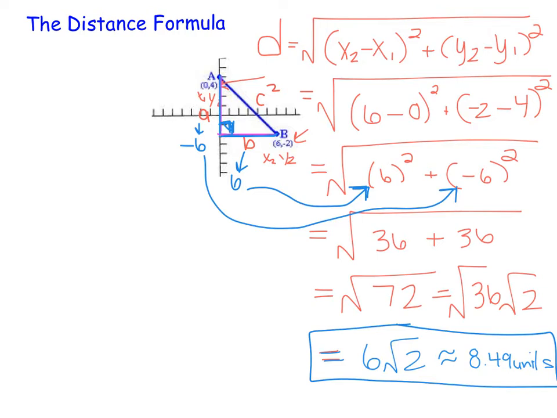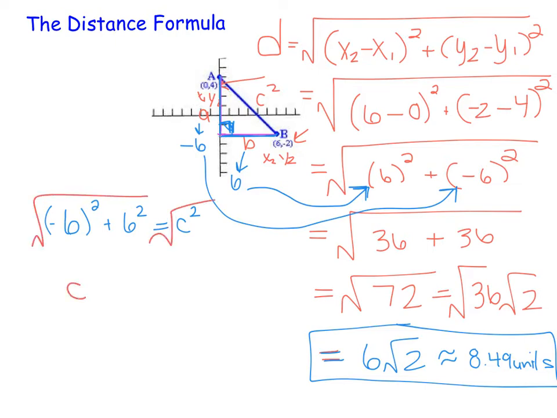So really what's happening is I'm taking the Pythagorean theorem and I'm saying, okay, negative 6 squared plus 6 squared for b is equal to c squared, or my distance, squared. And from here to get c alone, what I did was I essentially square rooted both sides.